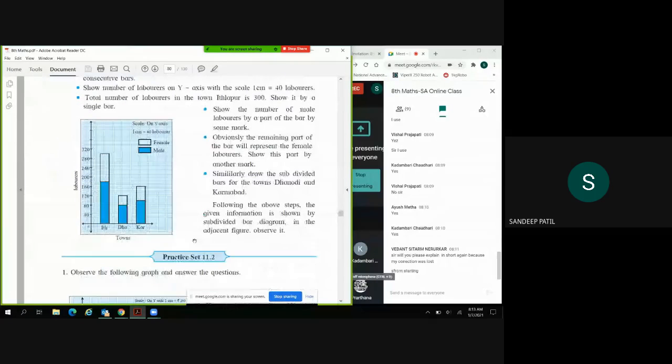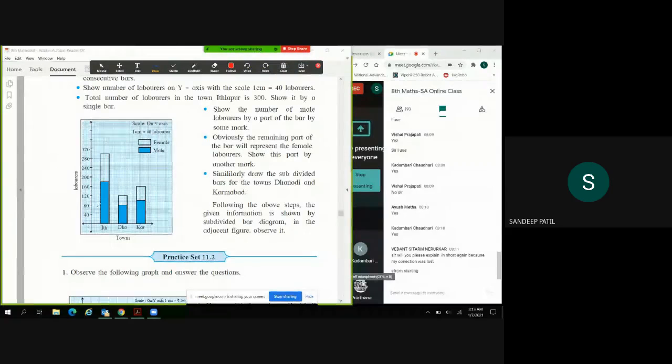What we have done here is we have taken two axes, this is the y-axis. Then we divided this y-axis so that per centimeter we have taken 40, 80. So each centimeter represents 40 laborers.